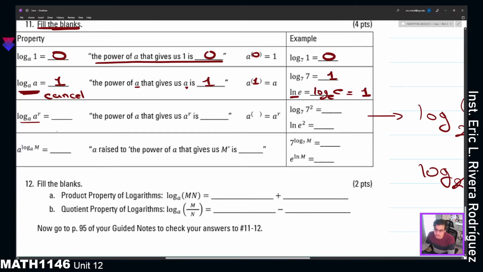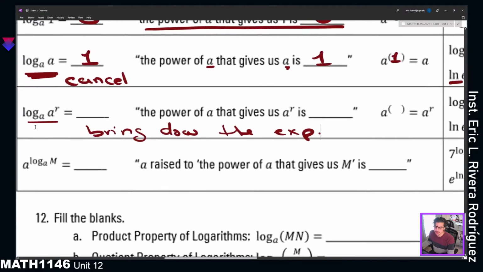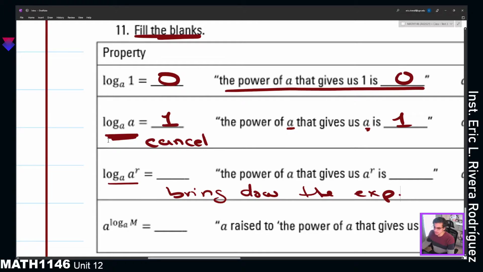this one is another one that is going to be important because we are going to use it to cancel, or to bring down the exponent. Okay. So log base a of a raised to the power of r is just r.